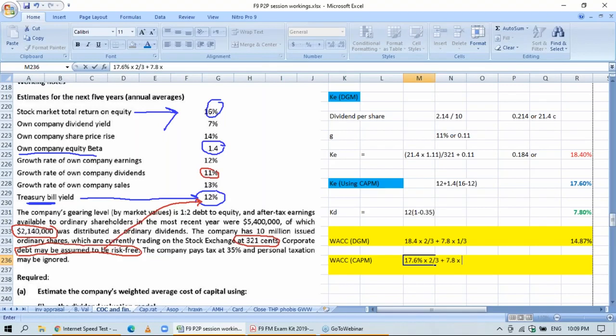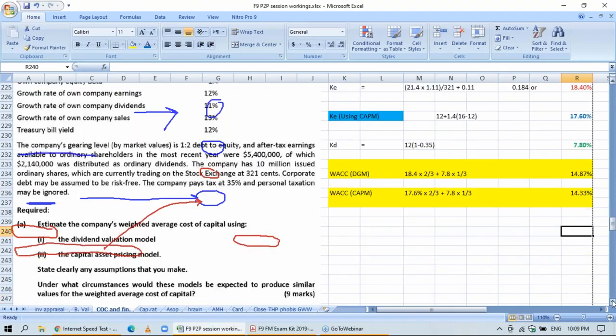So this gives you the WACC, which is 14.33%. So this is lower than that using the dividend growth model, as I told you earlier. Okay, so that's WACC using cost of equity using dividend growth model and CAPM.